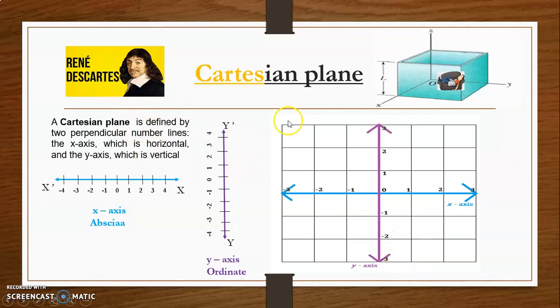A Cartesian plane is defined by two perpendicular number lines, the x-axis which is horizontal and the y-axis which is vertical. So you can see this is the x-axis which is horizontal, and this purple line is the y-axis which is perpendicular to the x-axis, and this center point is the reference point of measurement in the Cartesian plane, and this is taken as 0.